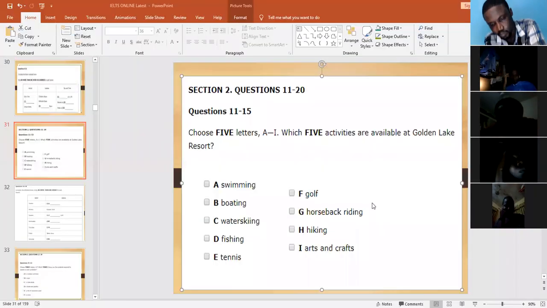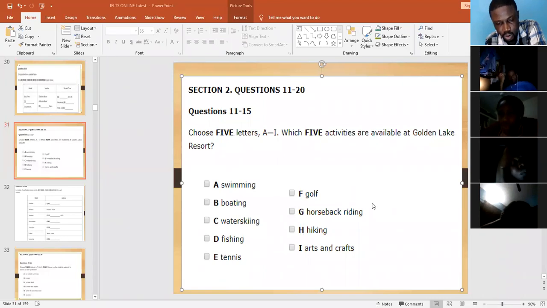Okay, so was that the only challenge you had? I noticed that I noted an activity that I didn't hear. Which activity did you note that you didn't hear? Let me show the slide again. Which activity did you note? I noted swimming.